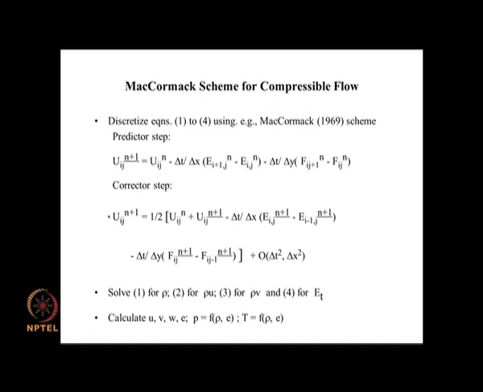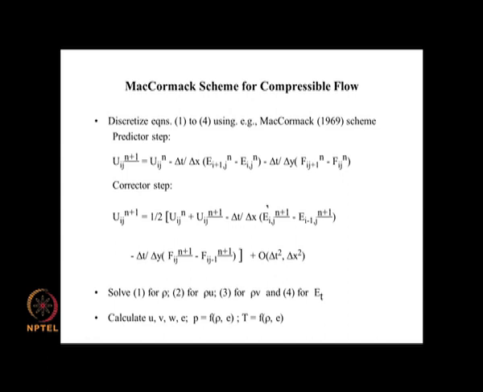Now, if you come to corrector step, this u i j n plus 1 value is expressed in terms of u i j n, this is known, u i j n plus 1 bar is already evaluated. So, this is known here, and e i j n plus 1 bar, that is known because you have already evaluated all the u, v, p, w and rho, temperature, all those things.